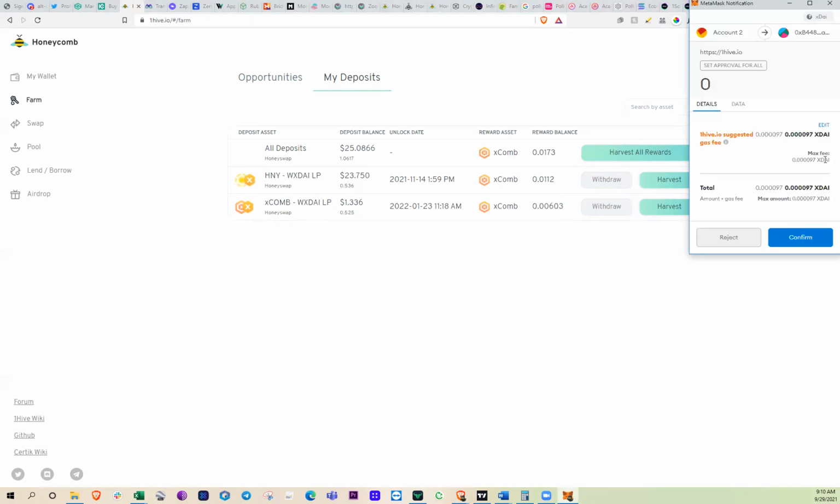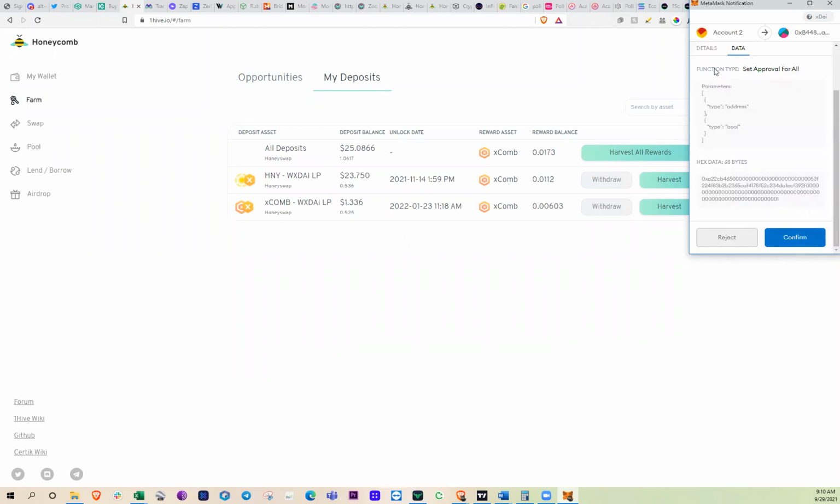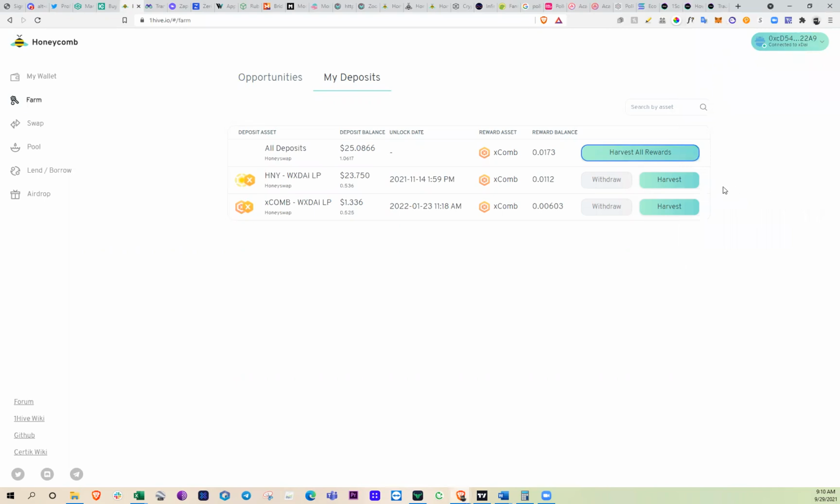Again, the fee is 0.000097 X5. So it's one of those things where, hey, there's virtually nothing to do all of this. So it makes it much easier for me to go ahead and do it without feeling some type of way, like, oh, I'm losing out on my Ethereum, or I'm losing out on whatever token.